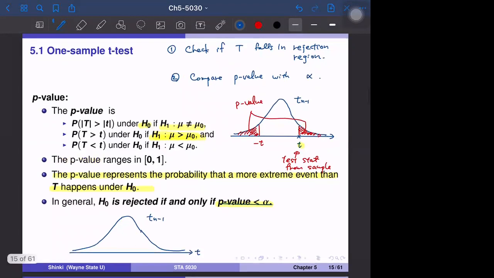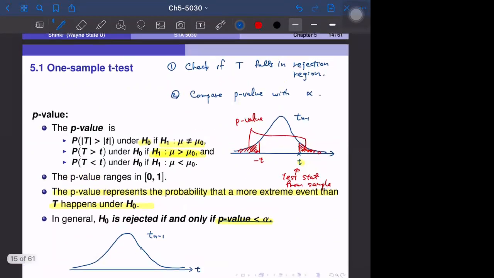Under the alternative, the t statistic is likely to be large, right? The t statistic is x bar minus mu naught divided by something. So if mu is larger than mu naught, x bar is likely to be larger than mu naught. So t is large.